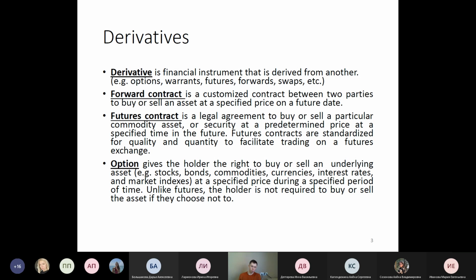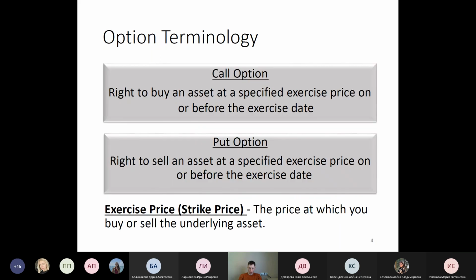Futures are market traded contracts to buy or sell some assets at the predetermined price. An option is also a market traded contract that provides the right to buy or sell underlying assets in some period of time. Two main types, call or put. Call is an option to buy, put is an option to sell some assets.